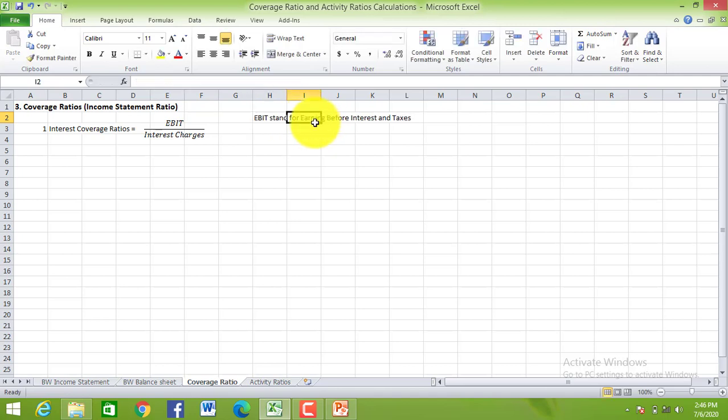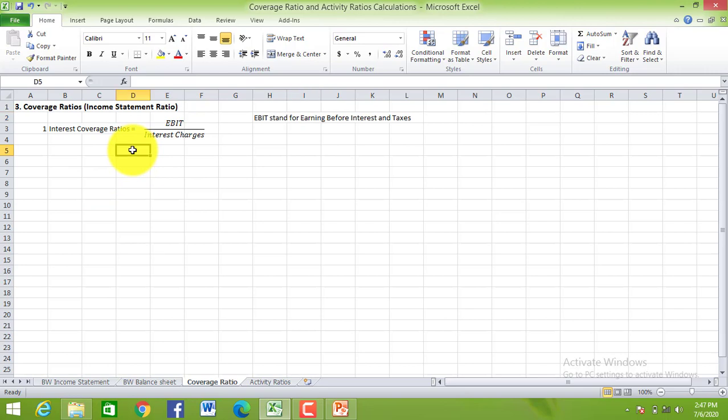It means the profit which is before paying the interest and taxes. We have not yet paid the interest and taxes. So how do we calculate it? EBIT divided by interest charges. For $1 of interest charges, how much? It means how much earning is available for paying each $1 of interest charges.